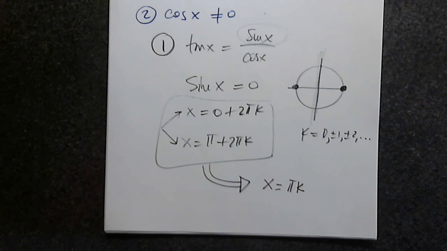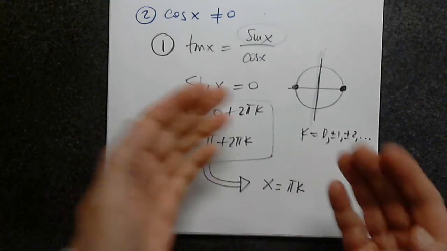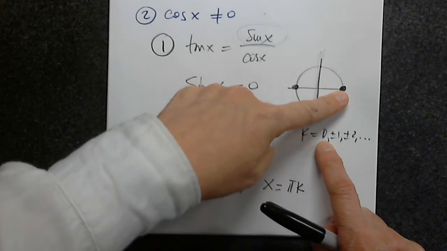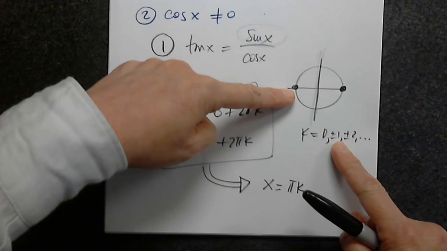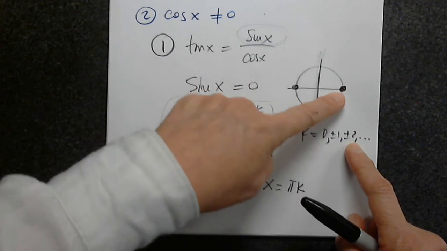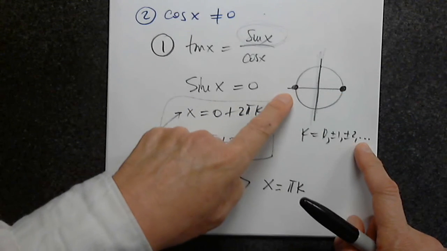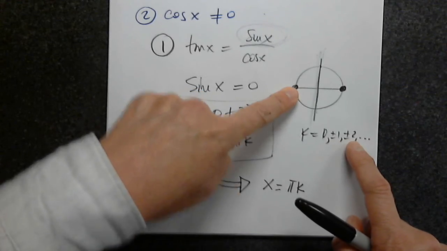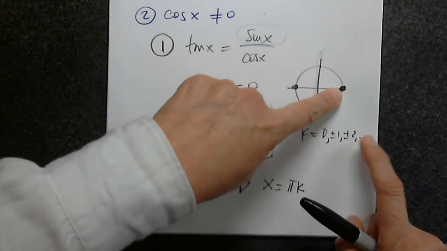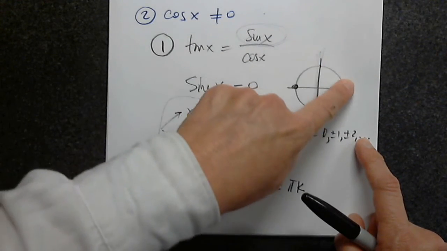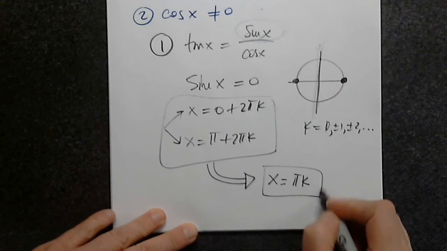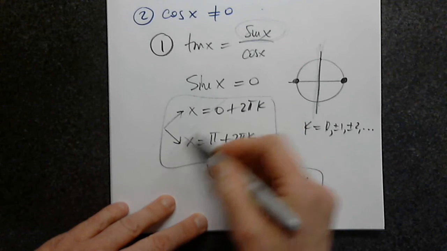Let's check if this solution gives all of these. When k is 0, I get this. When k is 1, I get this. When k is 2, 3, and negative 1, negative 2, negative 3, I get the others. So this is the condensed form of both.